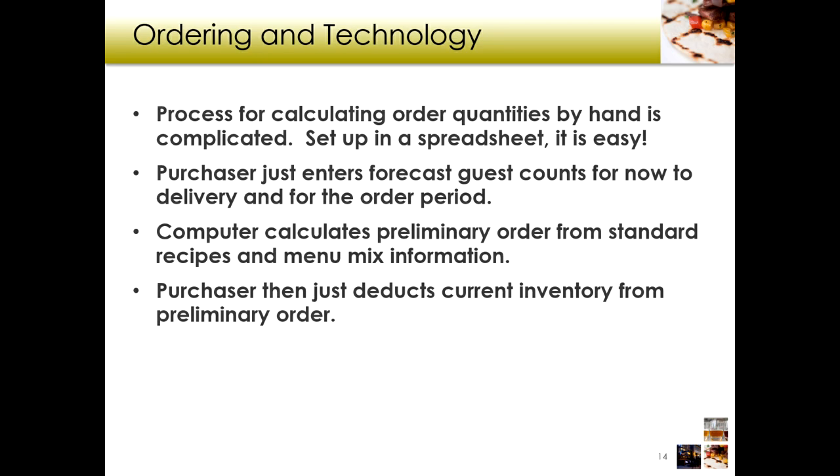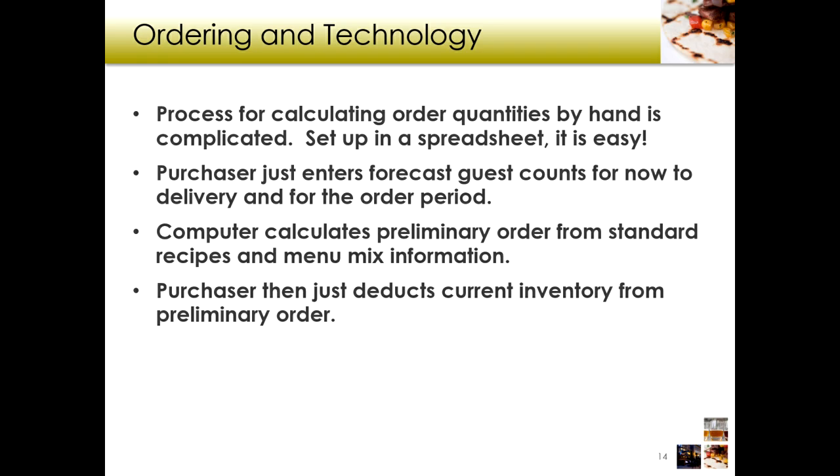You have your menu percentage in there, and then it'll calculate out for you, right? And then the computer will calculate preliminary order from the standard recipes and menu mix information, and then the purchaser must deduct the current inventory from our preliminary order, right? So we're going to have to figure out how much is in our cooler to deduct from how much we need, just like we did in this last step, right?